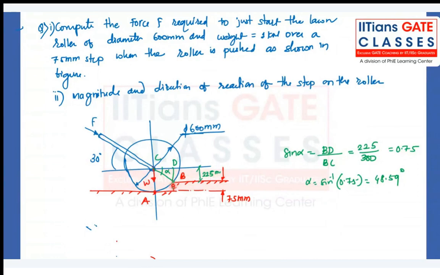So we actually assume that the roller is kept here. In order to just move this, if I apply a small force, obviously I'll not be able to move the roller above this step, because the step is restricting the motion because of the reaction by this surface on the roller.